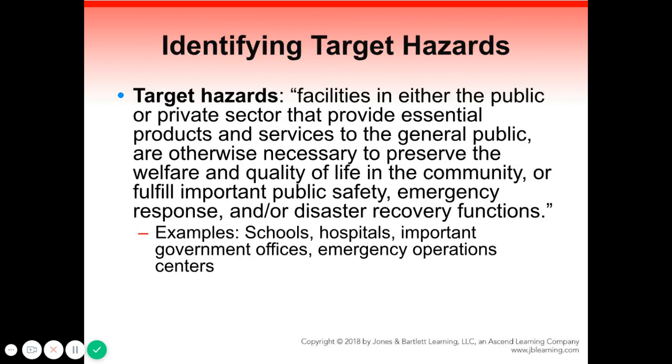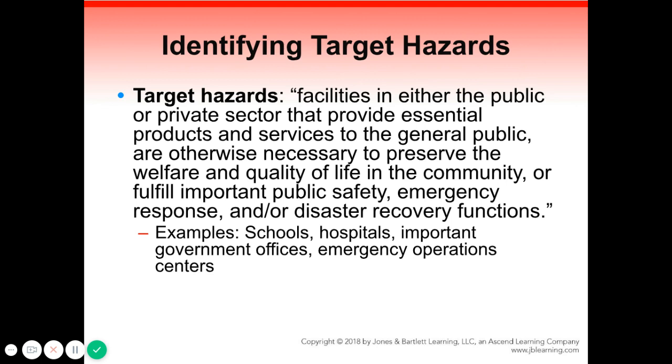Another thing to look at when you're looking at these risks is identifying target hazards. I would remember that a target hazard is facilities in either the public or private sector that provide essential products and services to the general public, and are otherwise necessary to preserve the welfare and quality of life in the community, or fulfill important public safety, emergency response, and or disaster recovery functions.